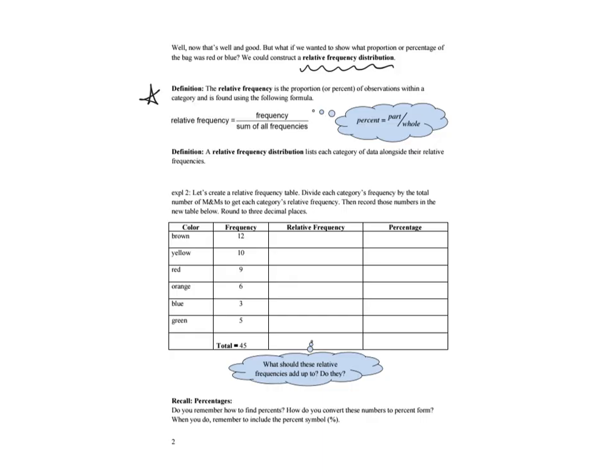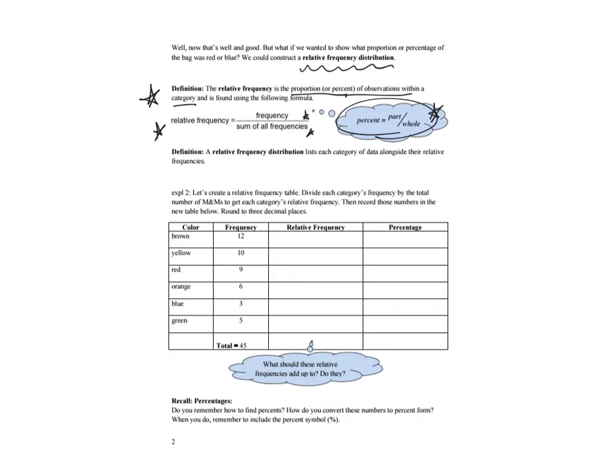So let's look at that definition first, of course. The relative frequency is the proportion or percent of observations within a category and is found by using this formula. And this is just that percent equals part out of whole formula that I've got rumbling around in my head. And they just rewrote it for the terminology that they're using here.